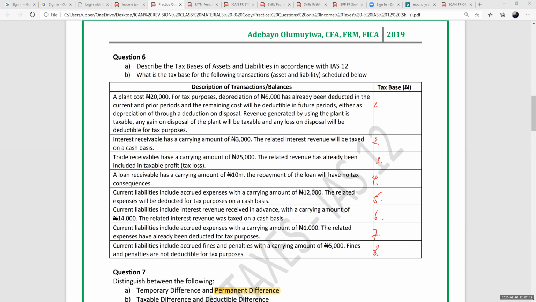No, start from number 1. Number 1 is 15,000 tax base. That number 1 is exactly the example we looked at. How come you didn't get the same answer? Nothing changed. 15,000.